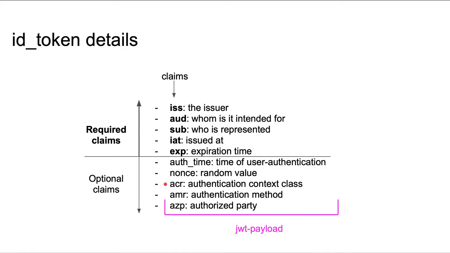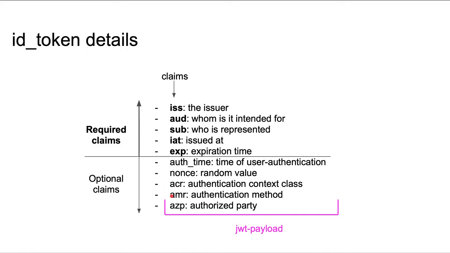This could mean a user got authenticated via a cookie, or you could have level 4, which would mean that the user was authenticated by a certificate and maybe a one-time password, something that makes this authentication procedure more trustworthy, so that you can assume that the user is actually who they claim to be.